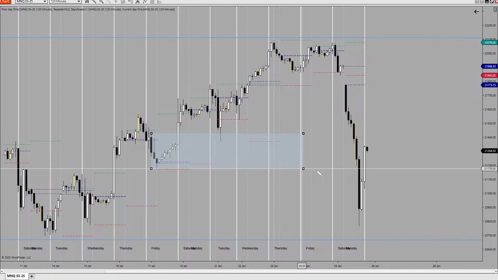then this should act as resistance on the sell side. So when it comes back up into it, we want to see if this area can restrict price from going higher. Why? Because while the price was going higher on the buy side, it was used as support. We want to see a characteristic of inversion.